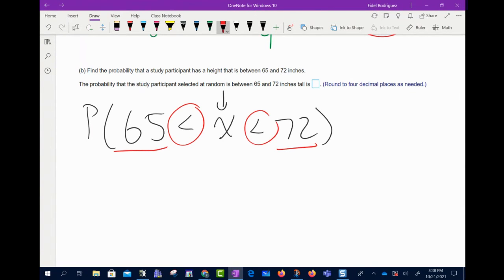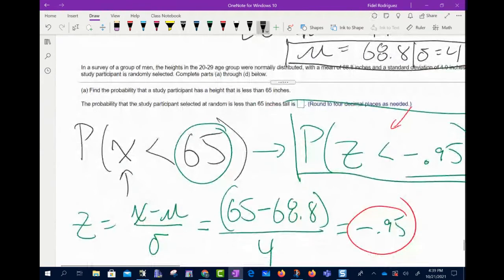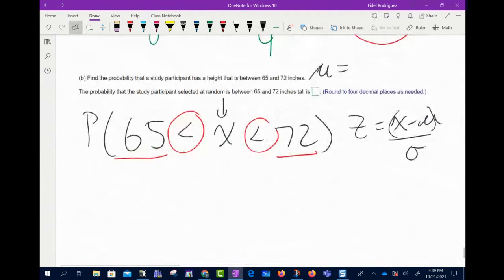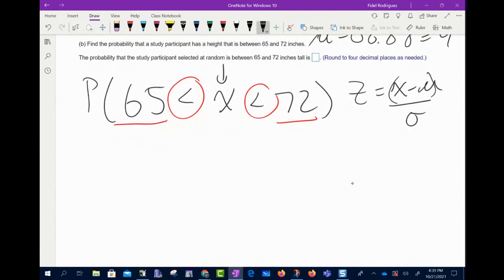So just like we did before, remember I said we're going to use our formula Z equals X bar minus mu over sigma. And we knew that our mu was, I already forgot, I'm going to write it down again, 68.8. And our sigma was 4. And I said, look, we're going to have to do this twice. So we're going to have a Z1 and we're going to have a Z2.